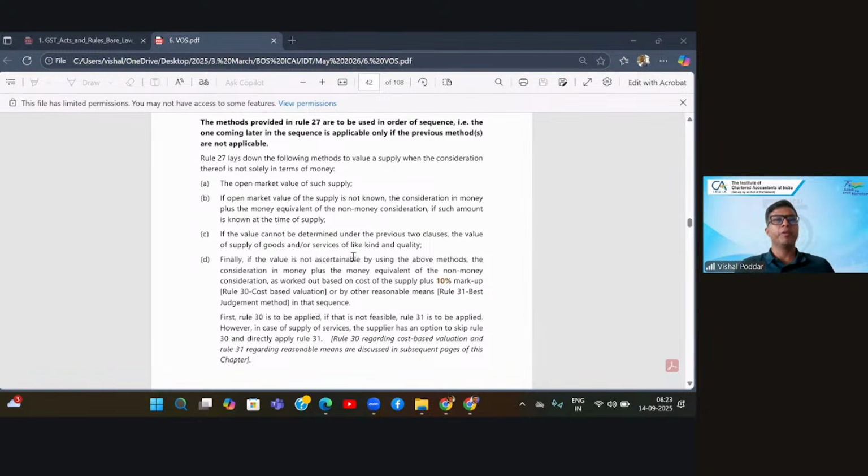Yes, students, how will B be applied if I have to apply B? B will also not be applied because the money equivalent of non-monetary consideration may not be determinable. So firstly, explain to me in this B, how B would be applied if I have to apply.